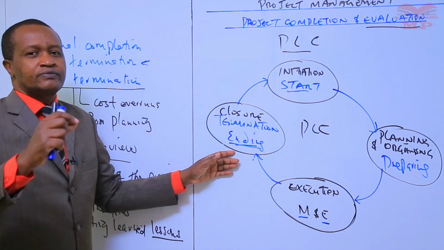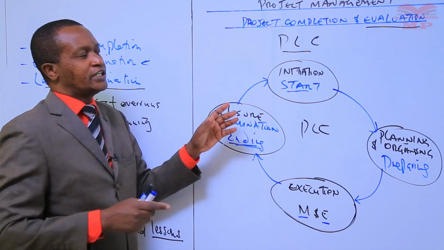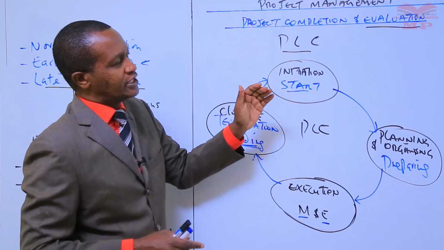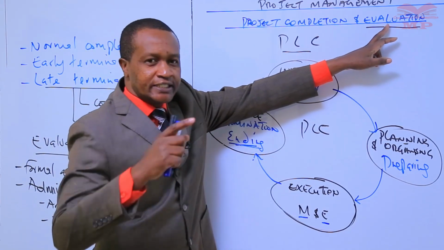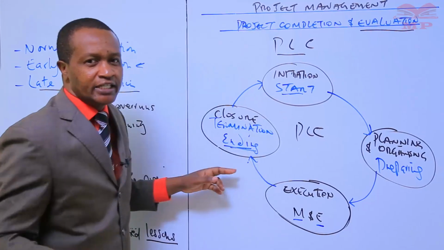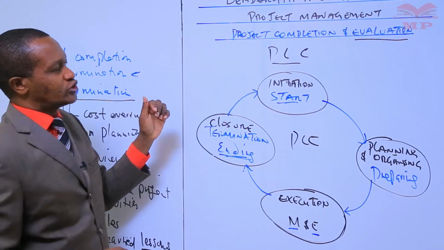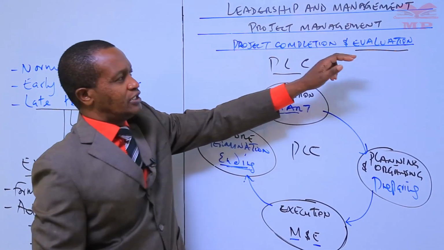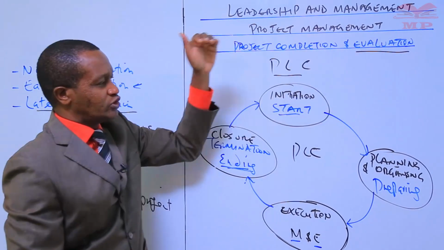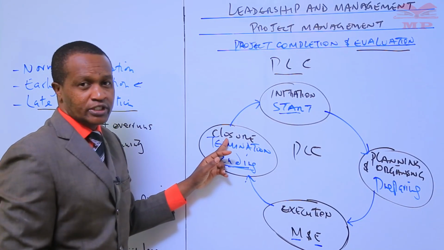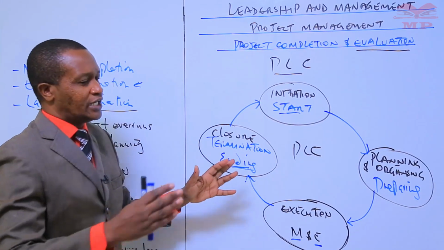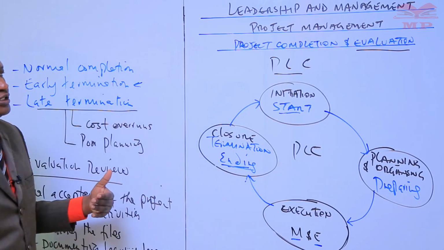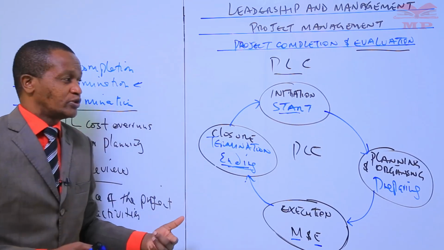In addition, a proper monitoring and evaluation system is critical to maintaining the project on track and also bringing the project to an end. Because we've said that evaluation can be an ongoing process. Evaluation is done throughout the process. Evaluation is also done at closure of a project. At the end of the project, there has to be evaluation to determine whether the results that were intended at the beginning of the project have been met or not.